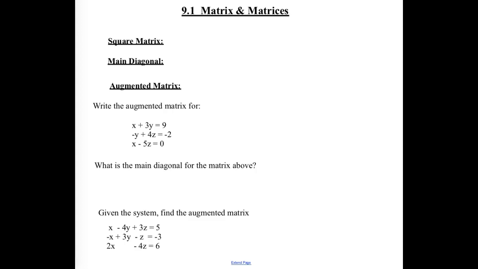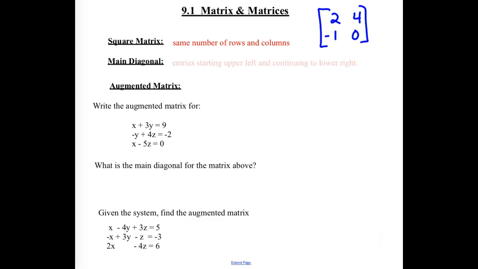All right, so a couple definitions. A square matrix. We've talked about this a little bit already. A square matrix is one where the number of rows and columns match. So we're looking at 3 by 3s, 2 by 2s. Okay, that would be a square matrix, a 2 by 2 matrix. The main diagonal is the one that starts in the upper left corner and it continues to the lower right.